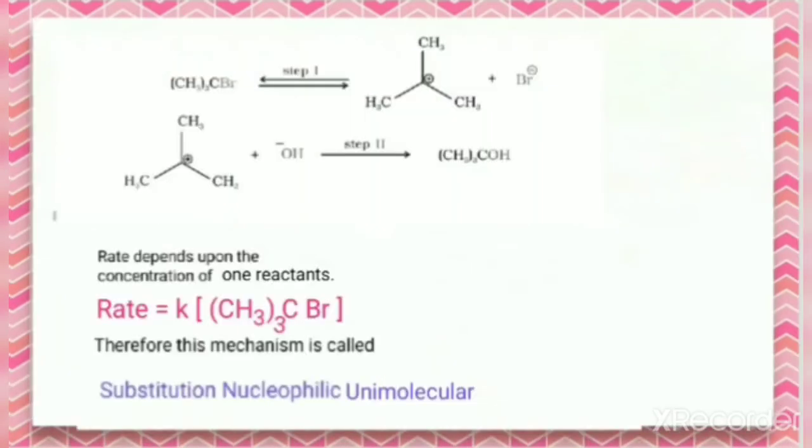In the rate determining step there is only one reactant, so we can say that rate is equal to K times that reactant. Therefore this mechanism is called substitution nucleophilic unimolecular, that is SN1.